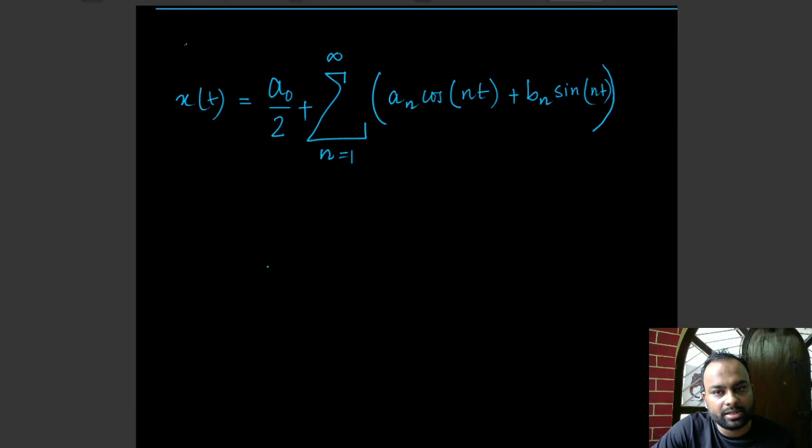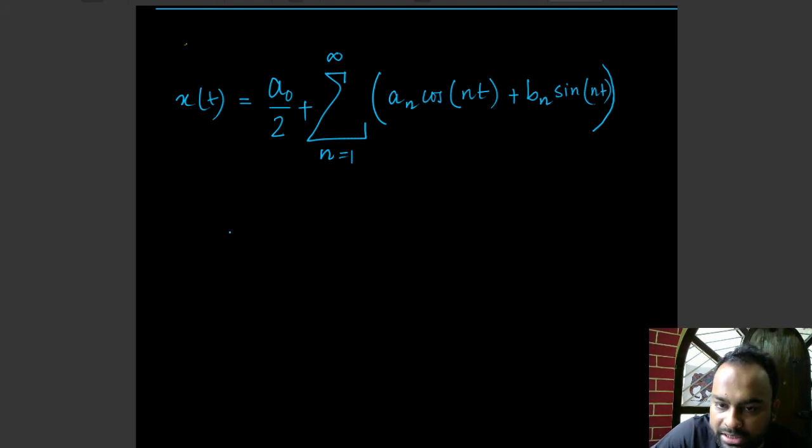Where the signal satisfies all the three Dirichlet conditions, it has sinusoidal components with amplitudes bn for the n radian per second sinusoidal component. It has cosinusoidal components, which for the n radian per second cosinusoidal component, the amplitude is an, and it has a constant component, which is the DC component.